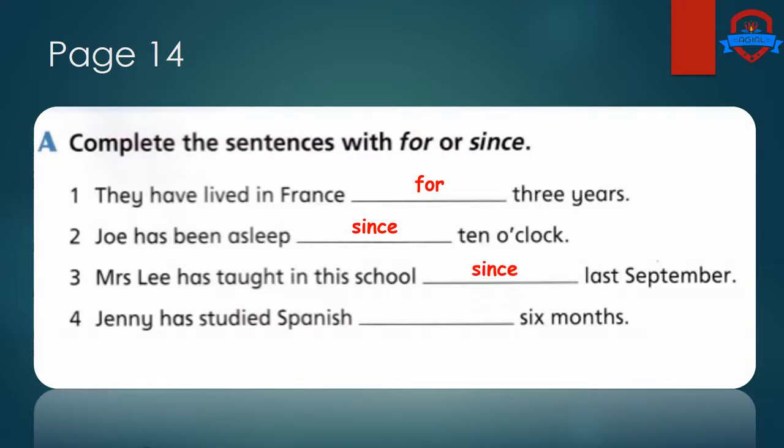Since, because, here is a month. Number 4. Jenny has studied Spanish, space, 6 months. Here, 6 months is a duration, so we will use what? For. Great.